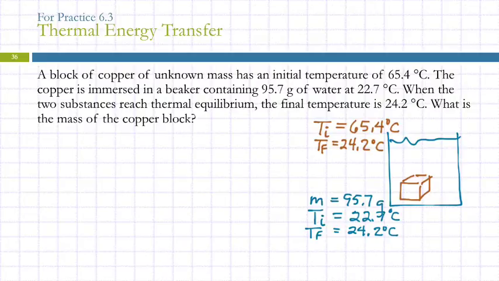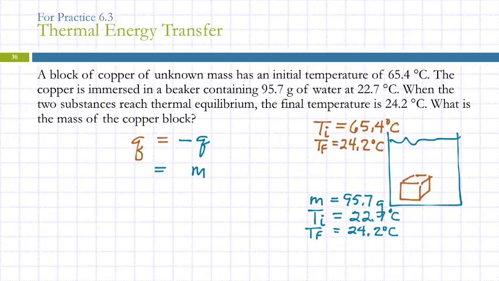So what we can say is that Q for the copper equals negative Q for the water. Or we could reverse that. It doesn't matter. It's just they're opposite. Well, Q for the water, what does Q equal? mcΔT.